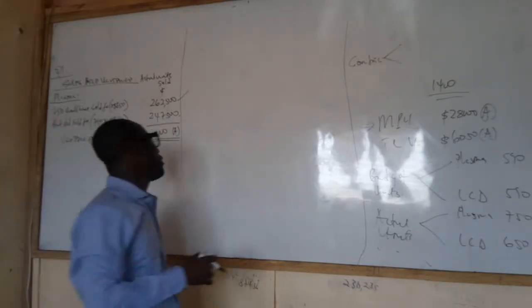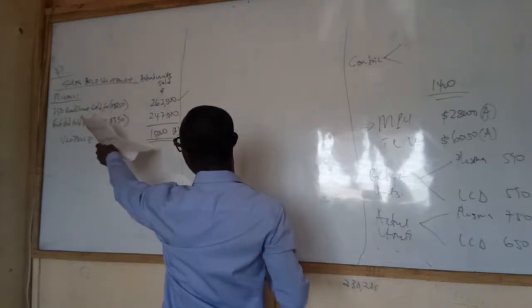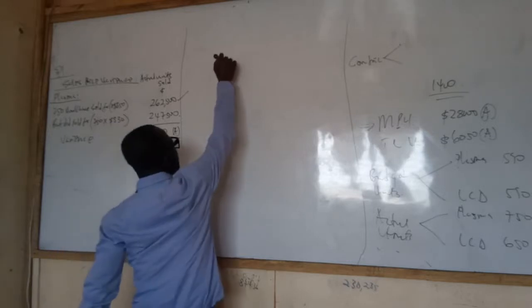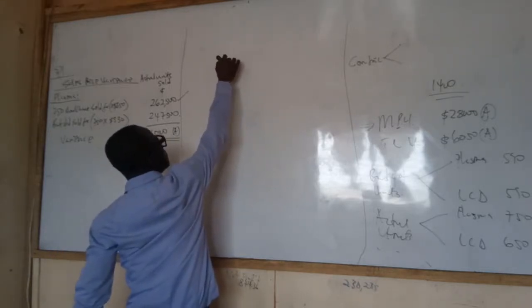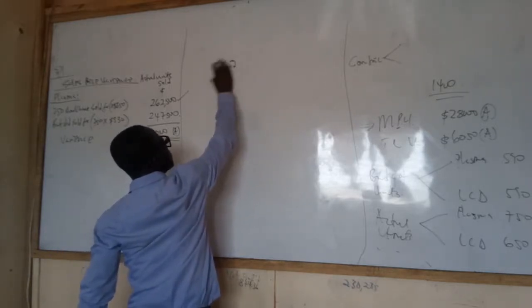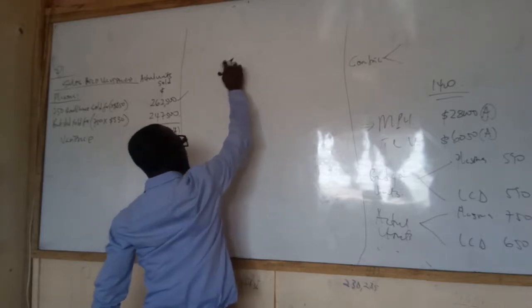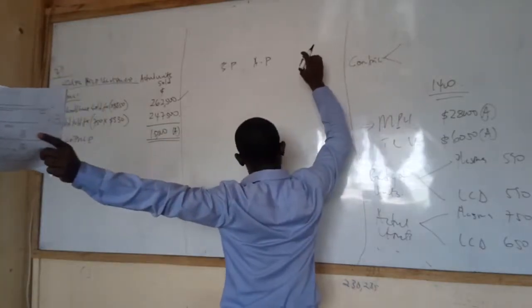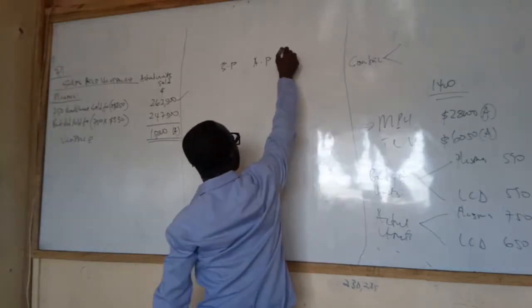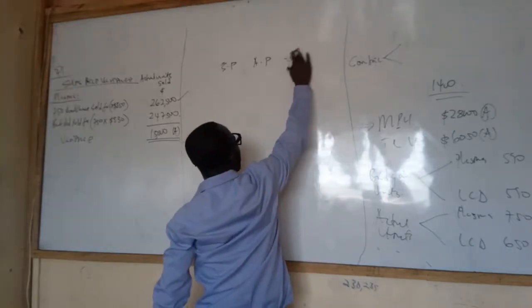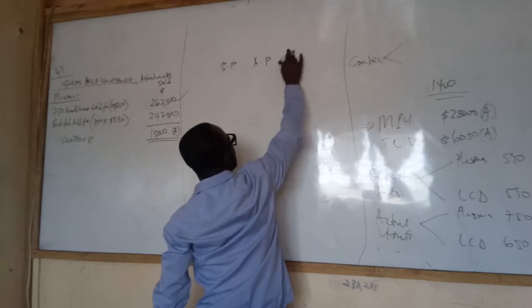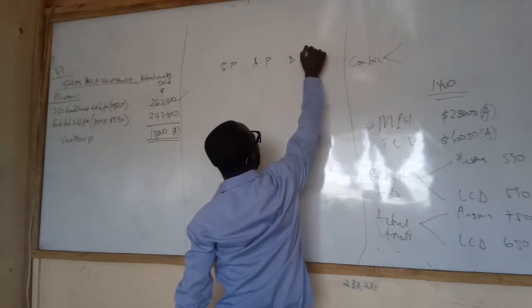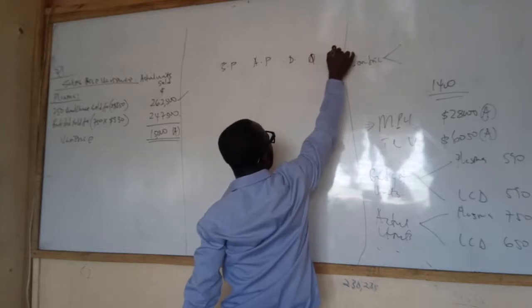Another way this could have been solved is to put the standard price here, the actual price here, and then the difference here. Then you bring the actual quantity here and you get the variance.